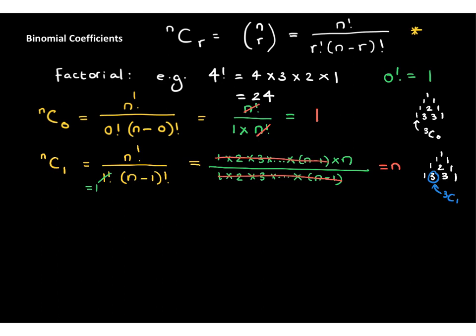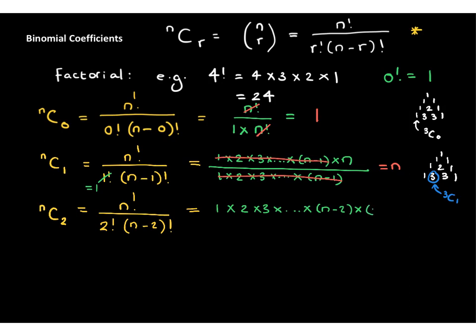So, what about n choose 2? A little bit more complex here. So this will be equal to n factorial over 2 factorial times n minus 2 factorial. Now, what I'm going to do is I'm going to rewrite n factorial in the numerator as 1 times 2 times 3 times all of the numbers up to and including the numbers that come before n. So that's n minus 2, n minus 1 and n being the last number in that list.